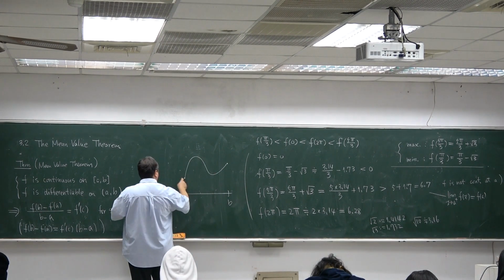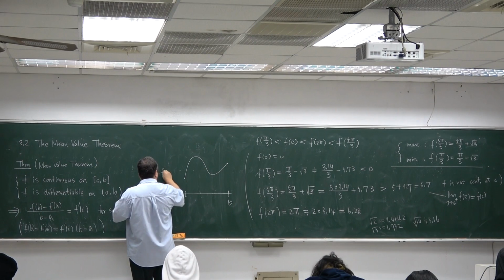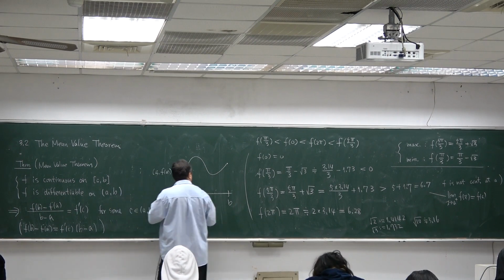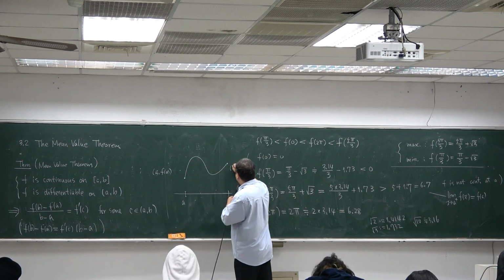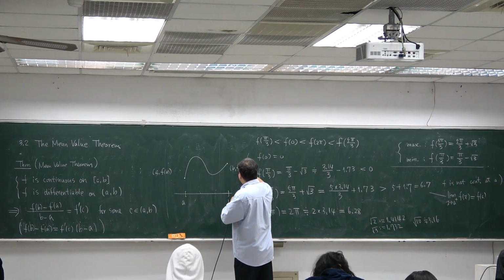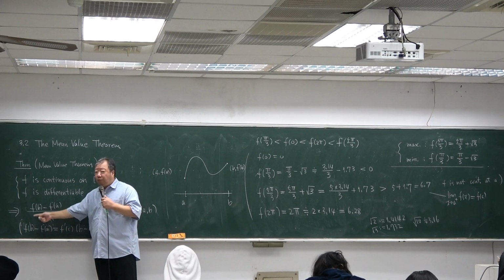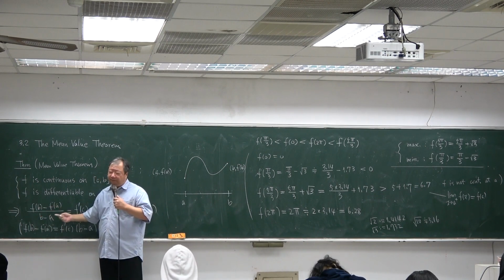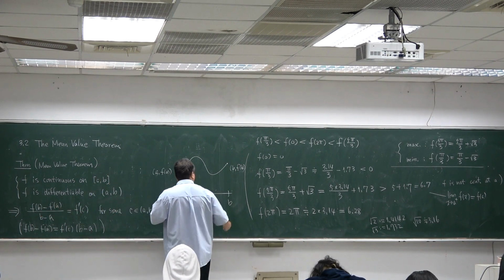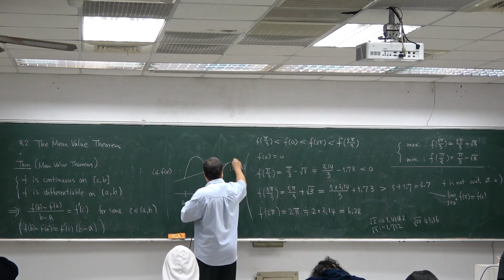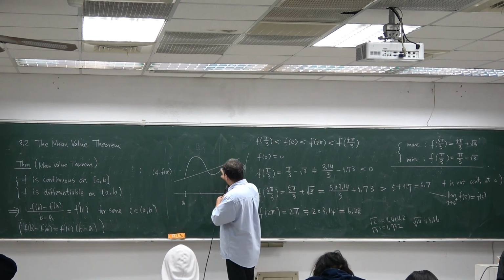The coordinate of this point is A, f of A. The coordinates of this point is B, f of B. And this quotient is the average rate of change. It is exactly the slope of this straight line.